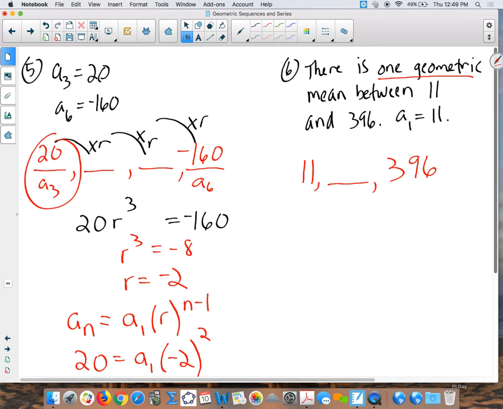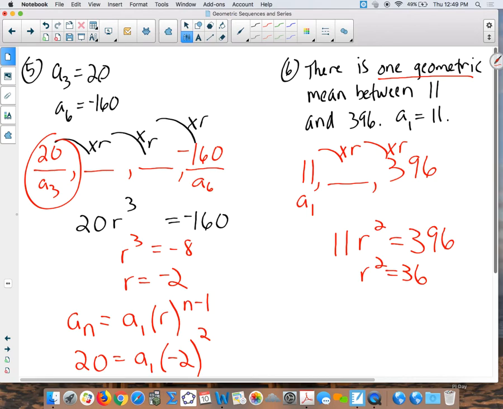And then I also told you that a sub 1 is 11. So again, in order to find our rule for the nth term, I need a sub 1 and r. I have a sub 1, right? That's 11. So now I just need to find r. So if I take my 11, I have to multiply it by r once, twice, so r squared, to get 396. That means r squared equals 36.